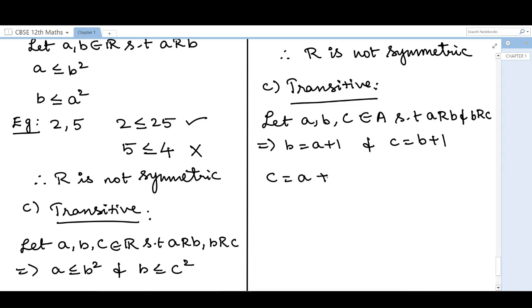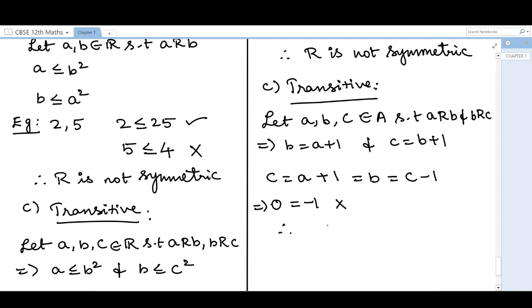So, if we consider C equal to A plus 1, then A plus 1 can be written as B, but B can be again rewritten as C minus 1. So, from this what we could conclude is 0 equal to minus 1, which is not true.